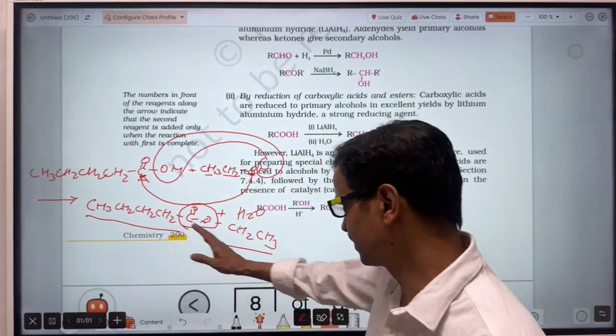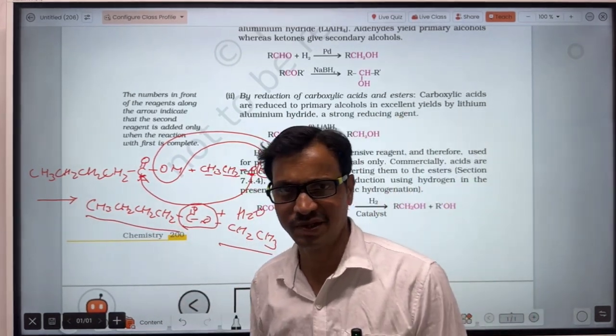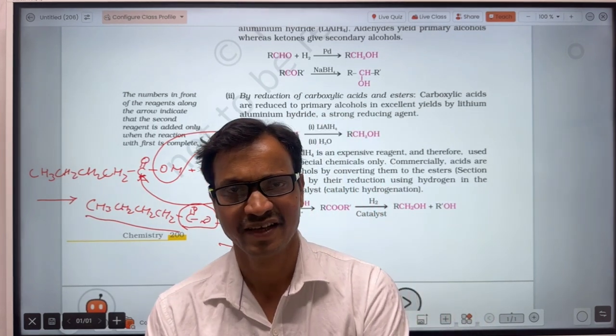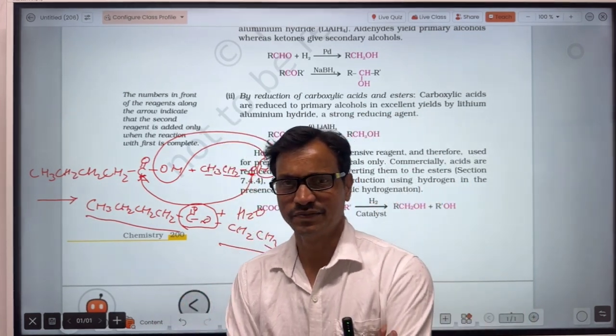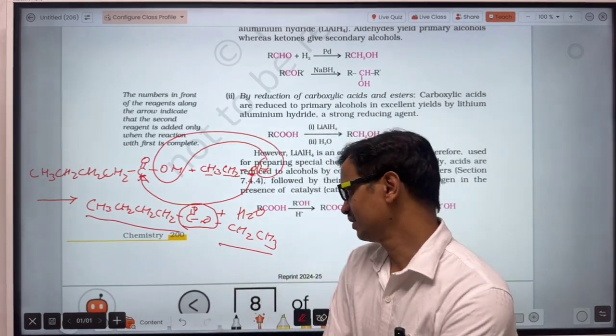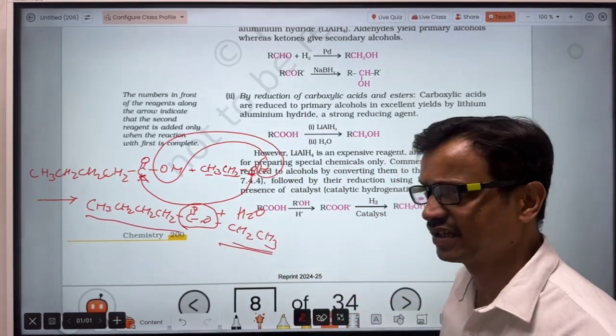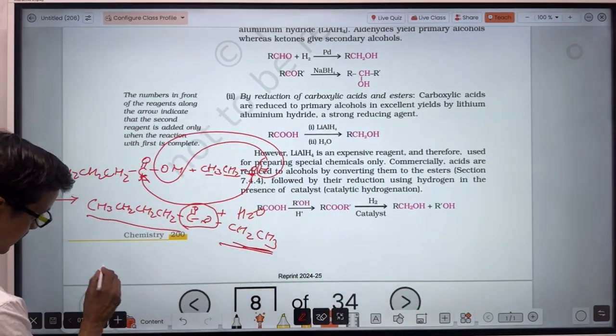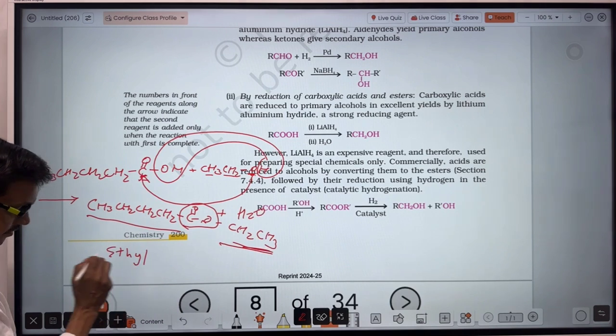Here the name will be based on which part contains the acyl carbon atom and which part does not. This part does not contain the acyl carbon atom, so for that we will write alkyl, and it is ethane, so we will write ethyl.